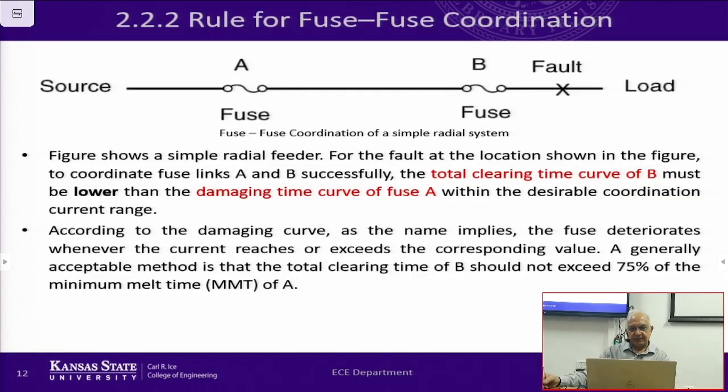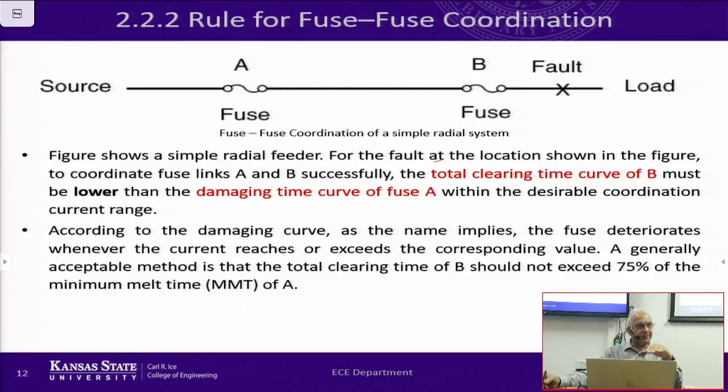Now here is an example of two fuses. You select a fuse for location B and you want to coordinate with the fuse here. We need to know the total clearing time of B. The total clearing curve of B is below, and A is above.